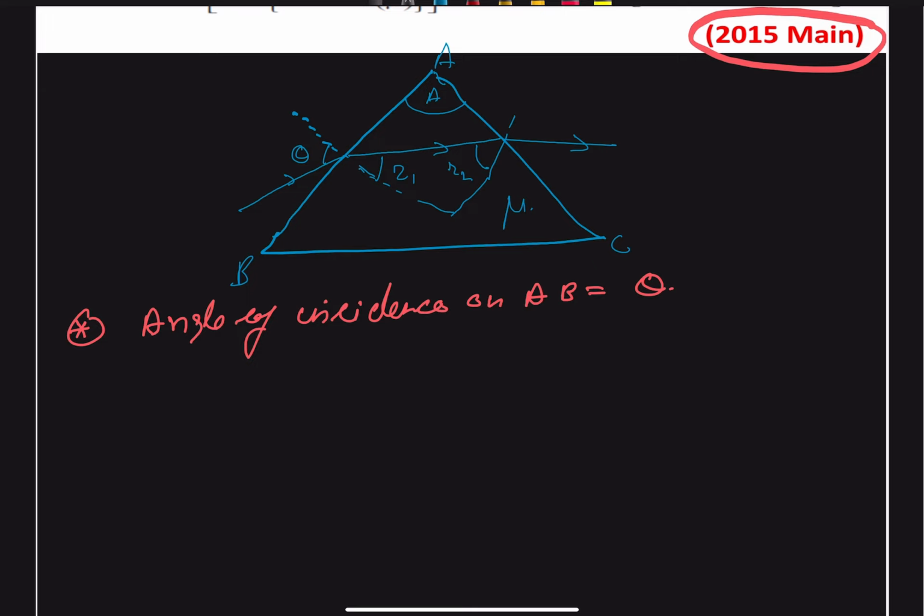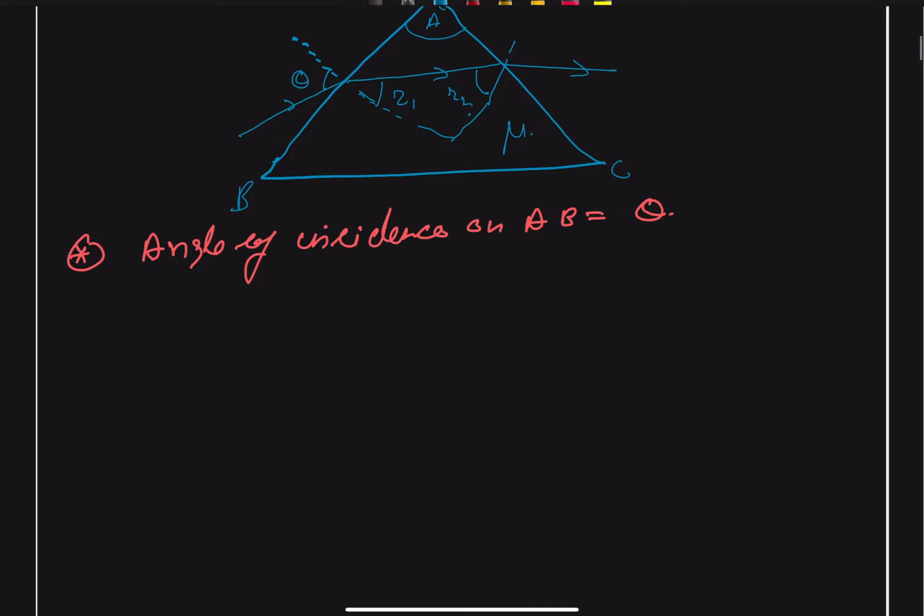One is along the face AB, and R2 is basically the incident angle on the face AC, but still we represent it as R2 because the refraction is calculated with respect to AB. So we have two angles, R1 and R2.